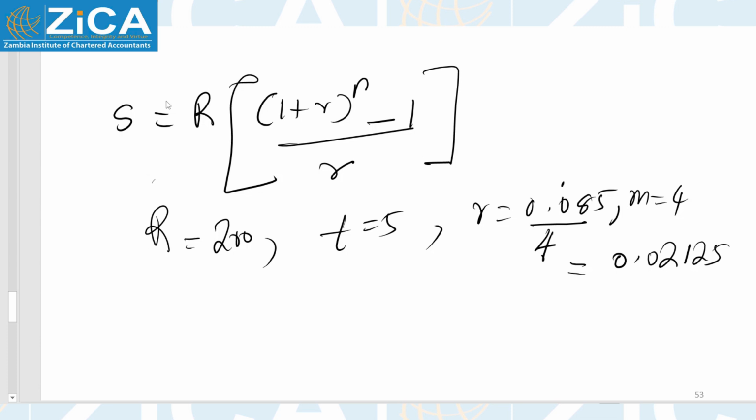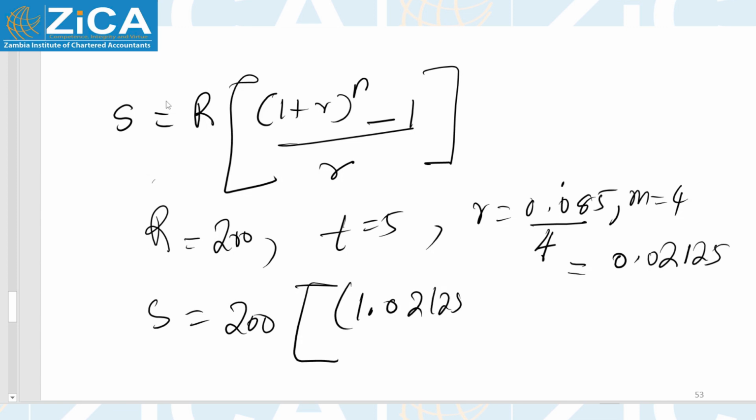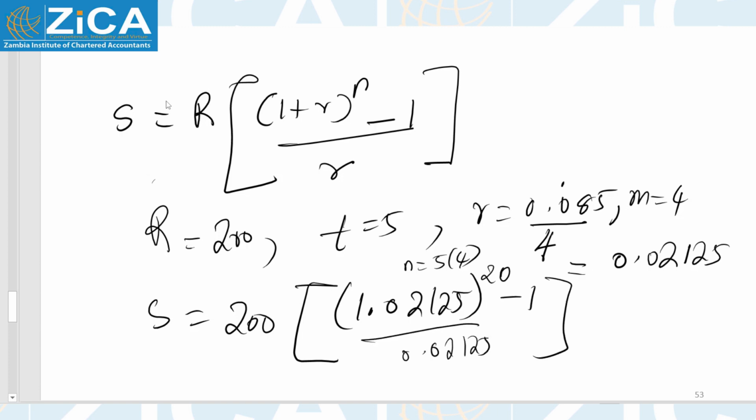So if you substitute these values, you have got 200 here, and 1.02125 to the power of the number of periods, which is n, equal to 5 times 4, so to the power 20, minus 1, over 0.02125.